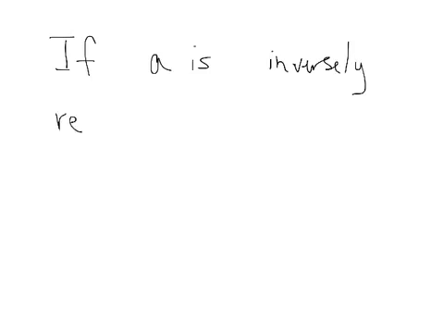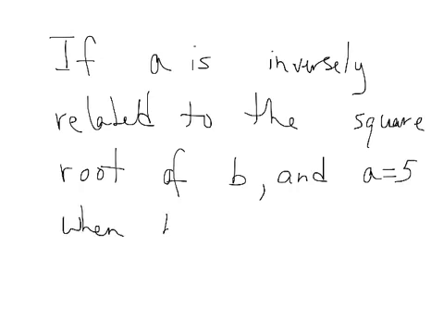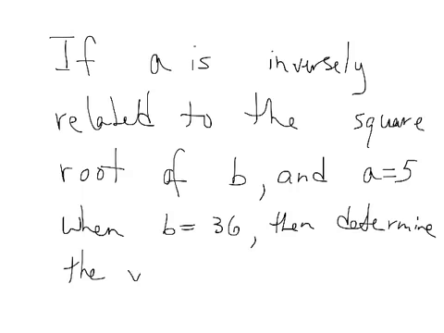Okay. So let's look at this. If A is inversely, so we'll do inverse now, related to the square root of B, let's say square root actually, make it harder, and A equals 5 when B equals 36, then determine the value of B, which makes it tougher on us because that's under a square root.